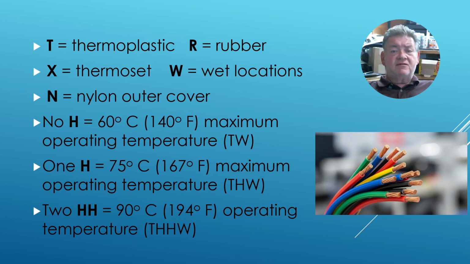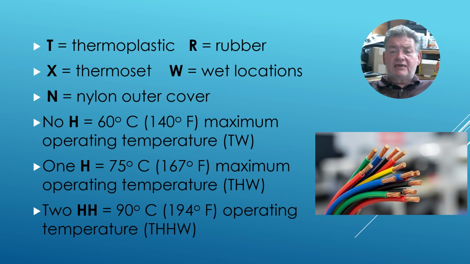Now, if there's no H in the insulation type, then that wire has a 60 degrees C temperature rating. If there's one H in the insulation type, like THW, that indicates the conductor has a 75 degree, 167 degree Fahrenheit maximum operating temperature.